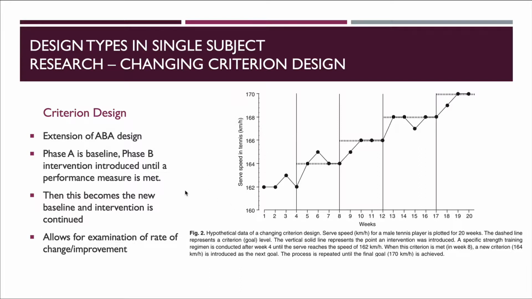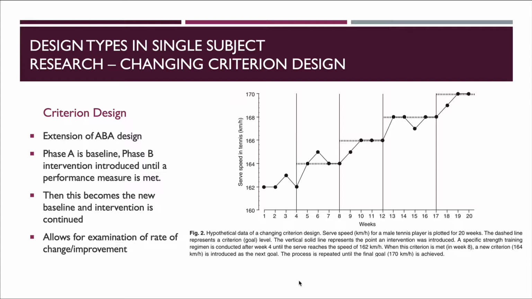If you have an athlete and your goal is to get them to serve at 170 kilometers per hour, the question might be, how quickly can we get there? Maybe we look at this in 5 kilometer per hour increments, and look at how reasonable it is to get a person to that level, and how quickly they can reach these different levels of performance.